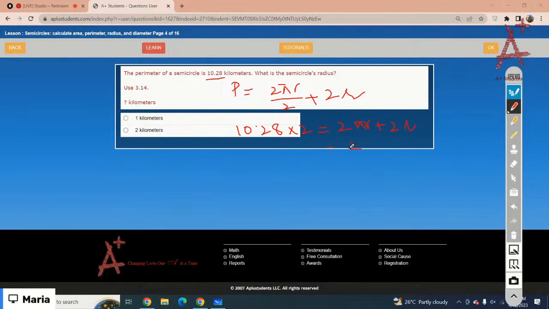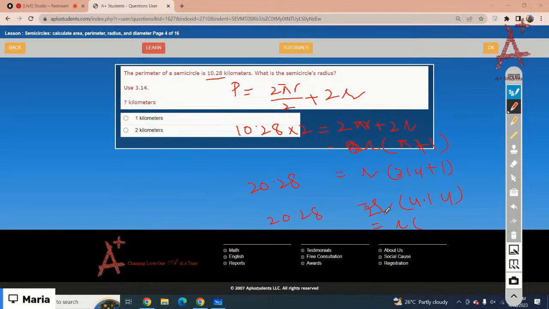You can take 2r common, and you are left with pi plus 1. Got it? And we know that pi plus 1 is 3.14 plus 1, so it would be 4.14.